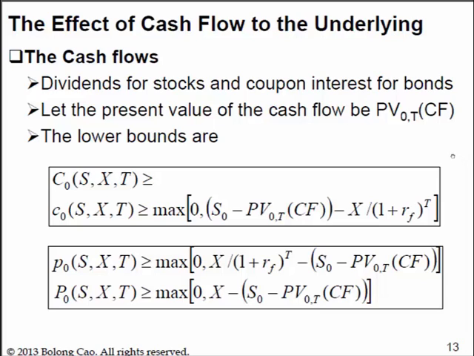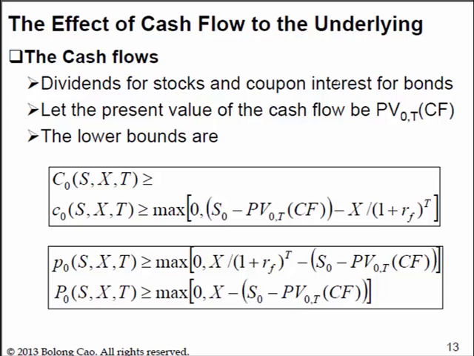Now let's think about cash flow, and the cash flow going to the stock. Also, if you have the money ready to pay for the strike price, it can generate interest. Another fact is that you may want to think about options on bonds.